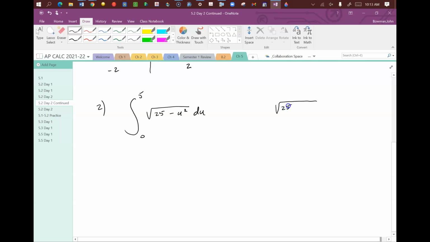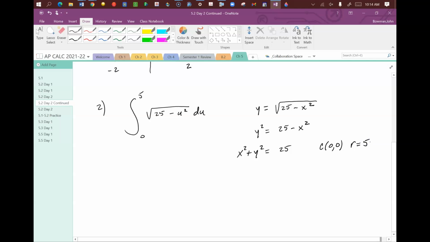So 25 minus x squared, and I'm going to set that equal to y, replacing function notation with y. And I'm going to square both sides. So y squared is equal to 25 minus x squared. Then I'm going to put both variables on the same side. So x squared plus y squared is equal to 25. And hopefully you recognize that as a circle centered at the origin with a radius of 5.